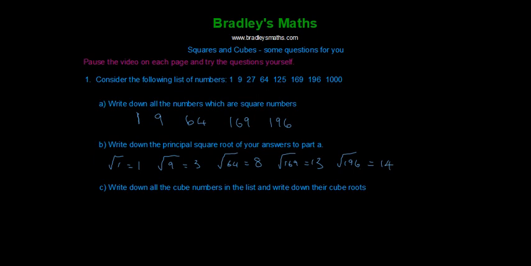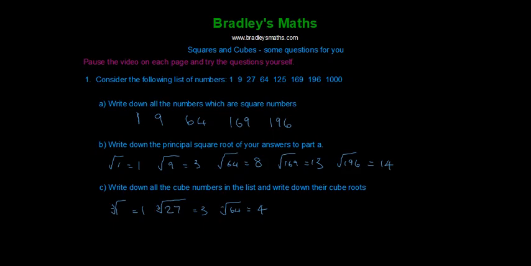Write down all the cube numbers in the list and write down their cube roots. Okay, 1 is a cube number, and the cube root of 1 is 1. 27 is a cube number, and the cube root of 27 is 3. 64 is a cube number, and the cube root of 64 is 4. 125 is a cube.